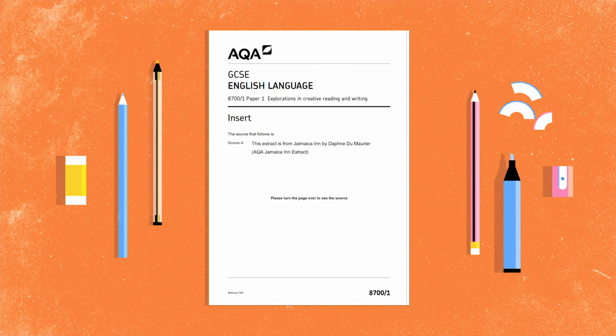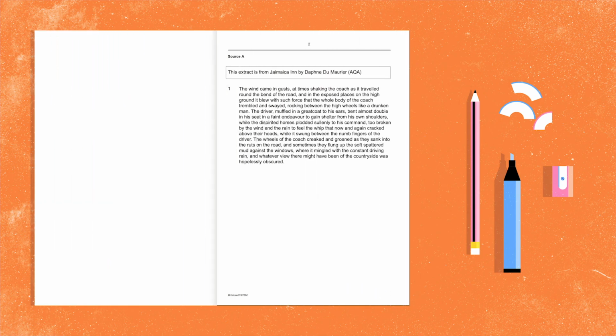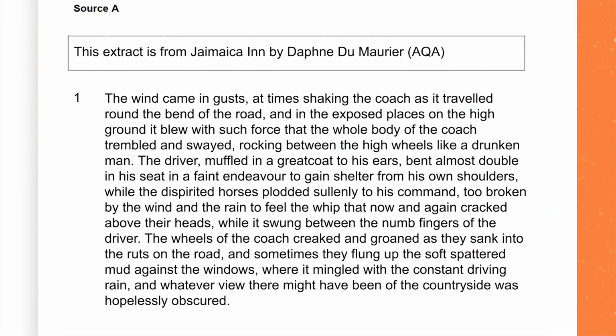Now, let's have a read through of the indicated lines and try and think about the author's choices for the weather. The wind came in gusts, at times shaking the coach as it travelled round the bend of the road, and in the exposed places on the high ground it blew with such force that the whole body of the coach trembled and swayed, rocking between the high wheels like a drunken man.